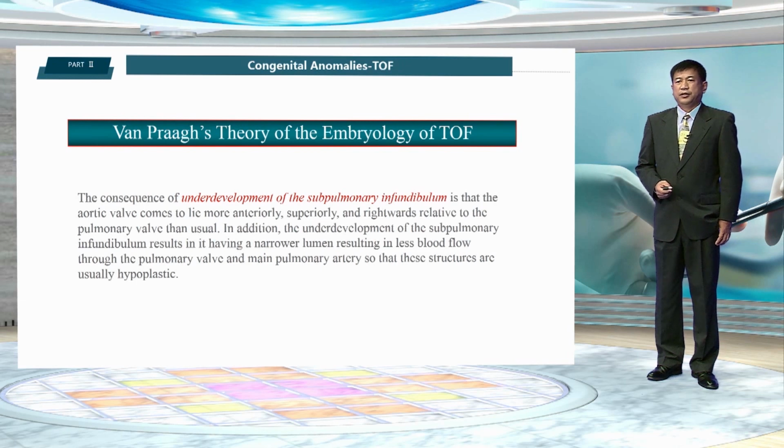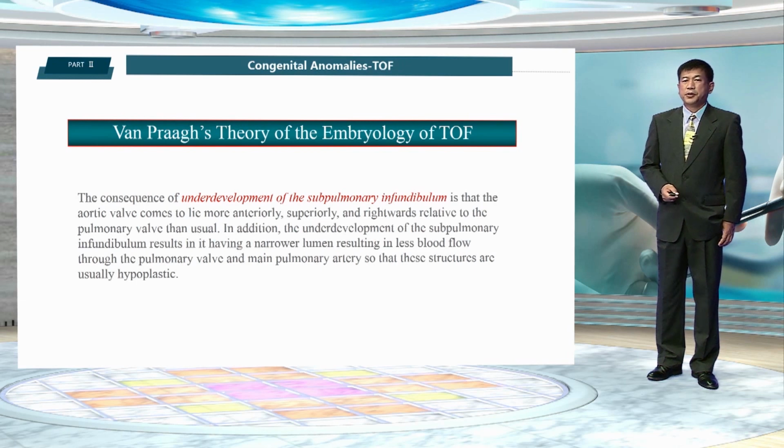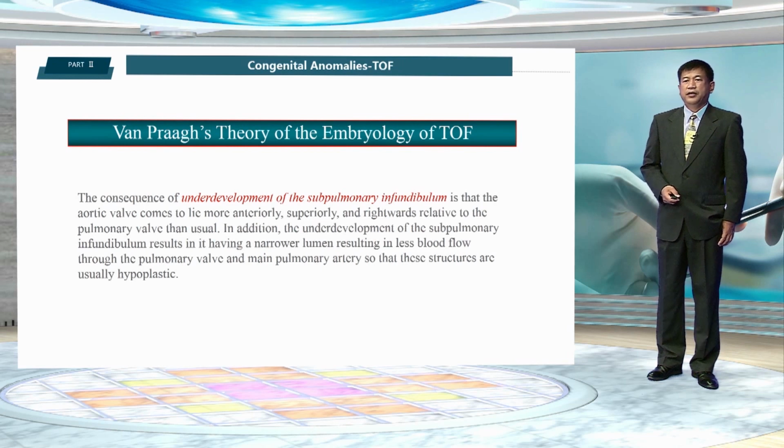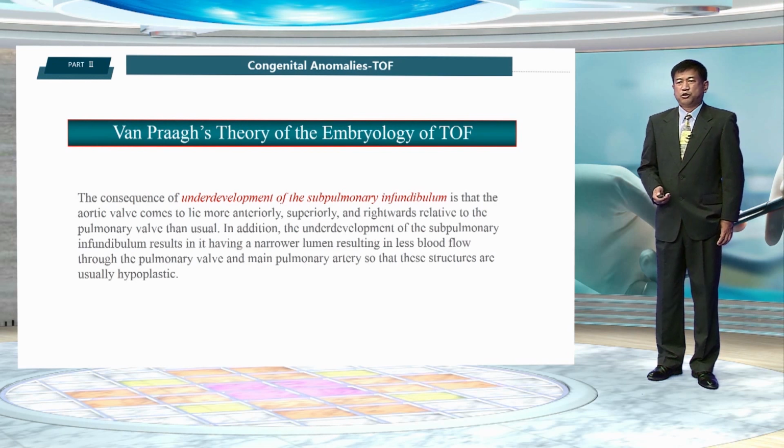And the underdevelopment of the subpulmonary infundibulum results in a narrow lumen of the pulmonary artery, so less blood flows through the pulmonary valve and the pulmonary trunk, so that these structures are usually hypoplastic.